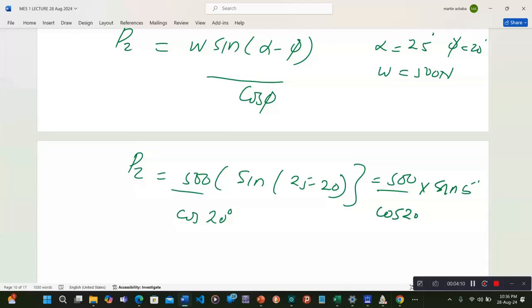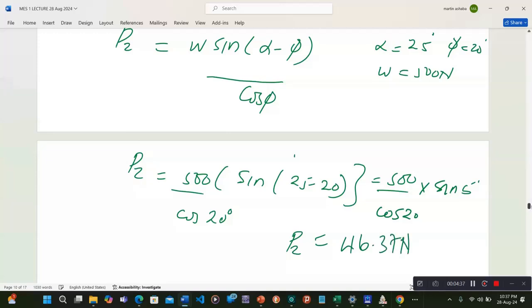So using your calculator, you can get that answer. So 500 times sine of 5, you divide it by cos 20. And P2 has been found to be 46.37 newtons.